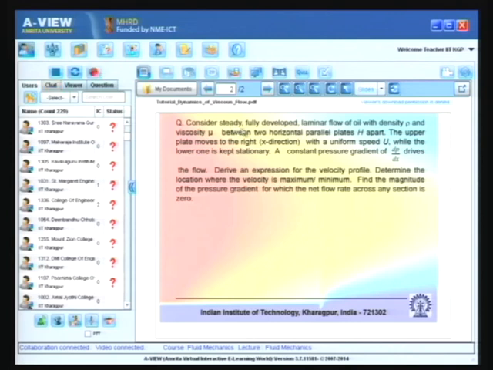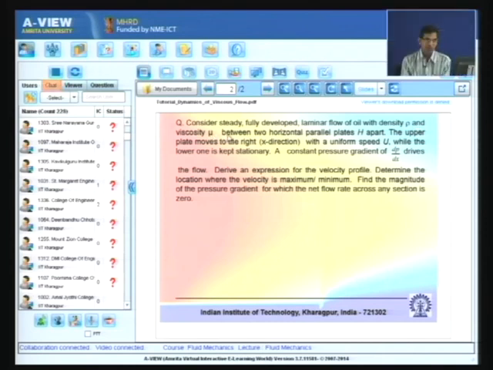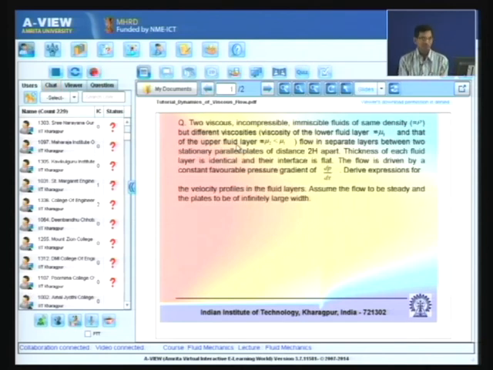Consider steady fully developed laminar flow of oil with density rho and viscosity mu between two horizontal parallel plates. Two viscous incompressible immiscible fluids of density rho, but different viscosities. Viscosity of the lower fluid is mu 1 and that of the upper fluid is mu 2.